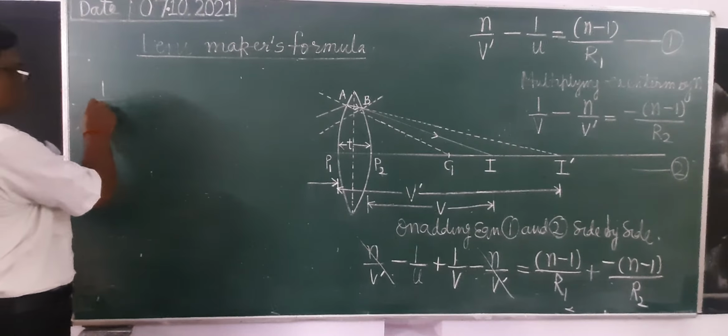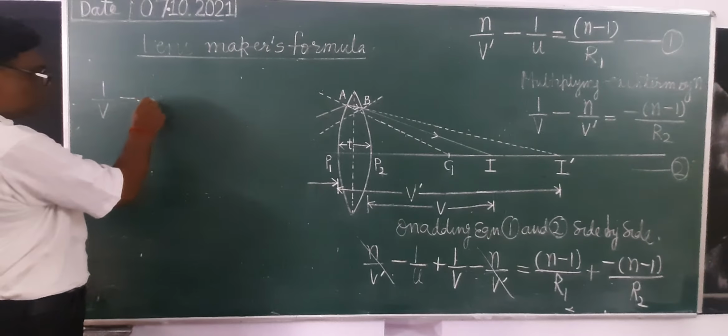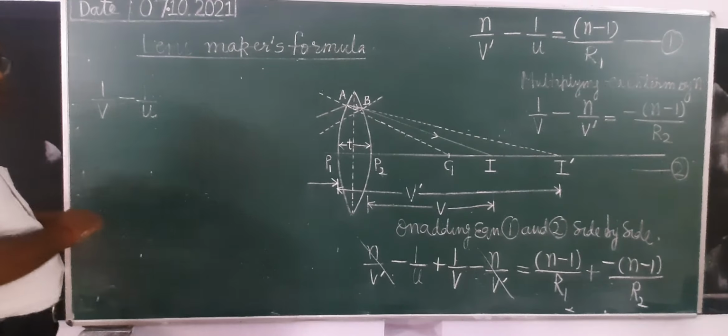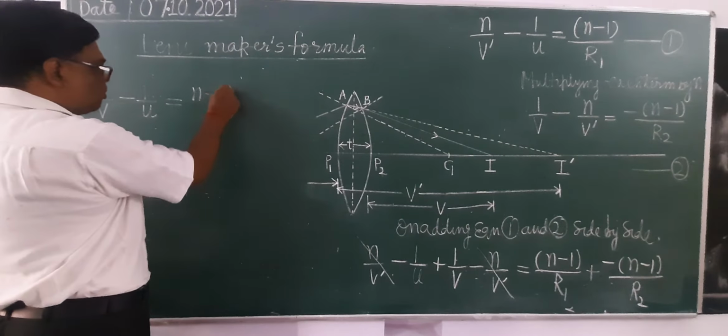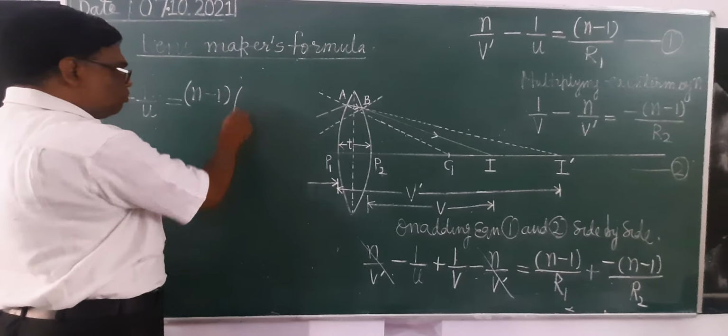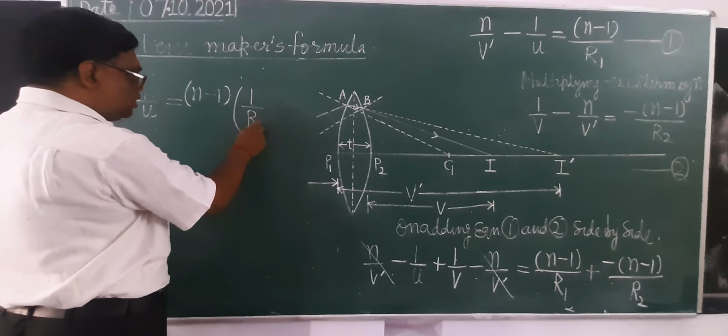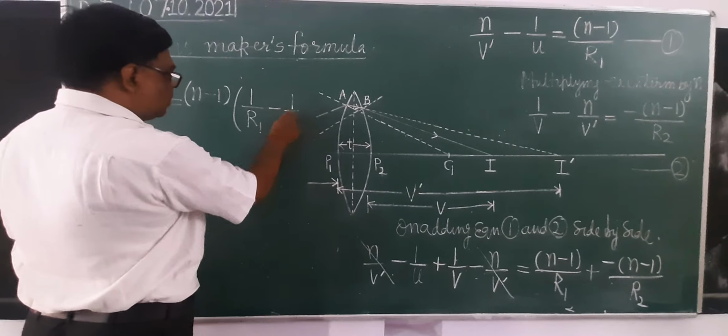So it is 1 upon v minus 1 upon u equals to n minus 1, you can take out common, so it will be 1 upon r1 minus 1 upon r2.